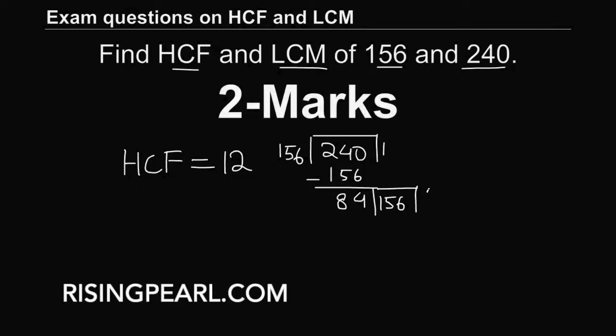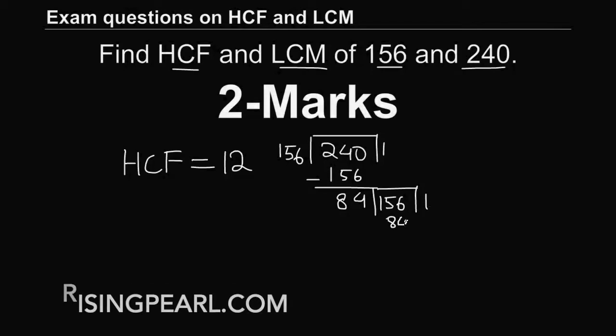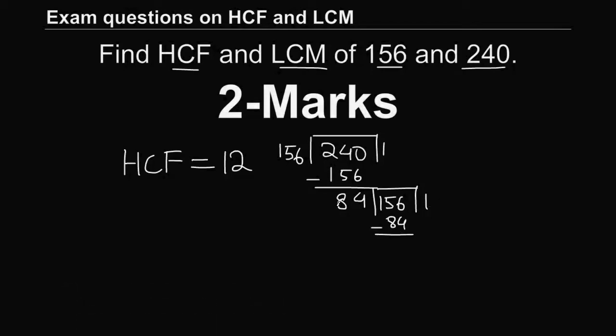So now this will be 84, 84 ones are 84. If you were to put 2, it would be 160 something, which will be bigger than 156. So when we do this, we will get 2 and 7. Now this is the new divisor, and now the dividend is 84.